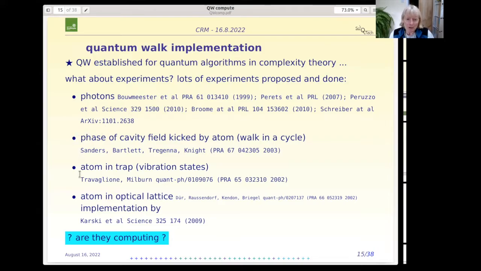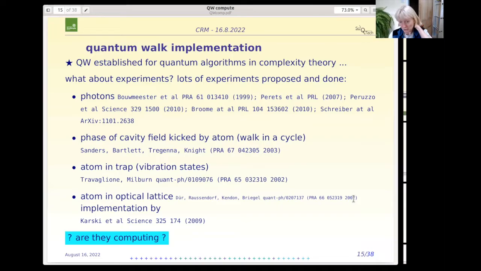Some of the other proposals, not all of which have been done, is to put it in the phase of a cavity field kicked by an atom, and that walks you in a cycle. So that was a relatively early one in 2003. You can use the vibration states for an atom in a trap, and you can think about atoms in optical lattices, which is, again, 2002.